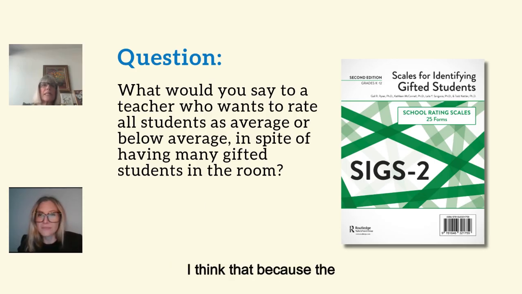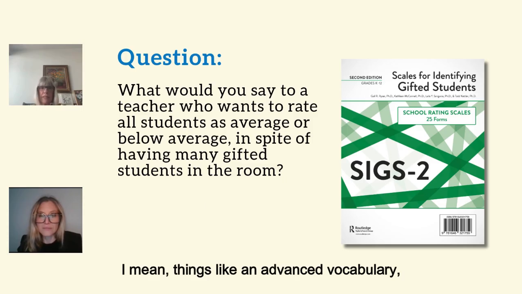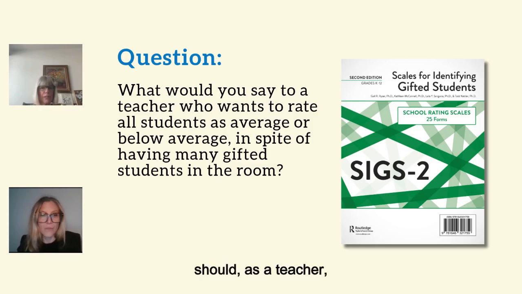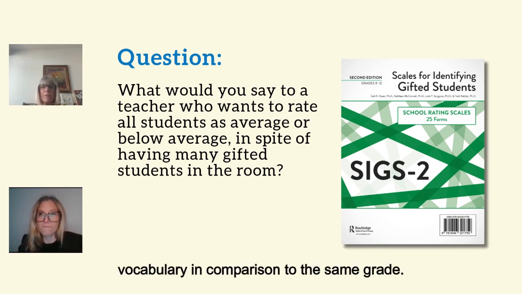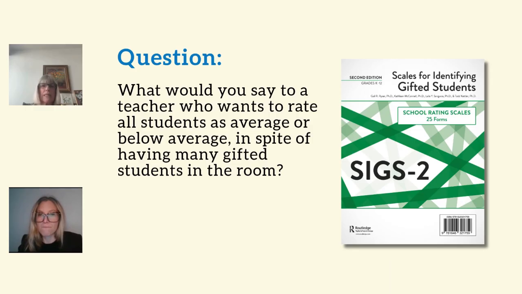I think that because the items on the SIGS-2 reflect strengths of the students, things like an advanced vocabulary, you should, as a teacher, be able to observe a student using an advanced vocabulary in comparison to the same grade. So I think that they would need to really consider that they are comparing and how much more.